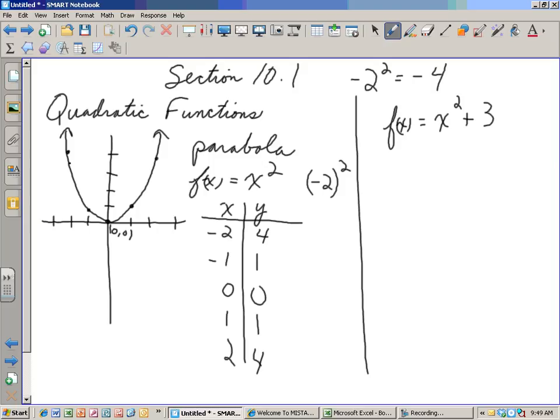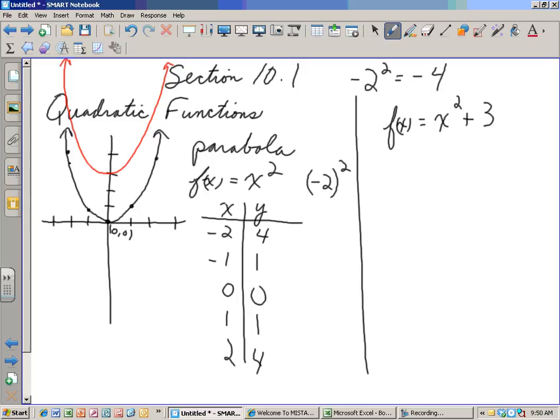So you would think that this whole parabola, you would move it up 3 units, so that it would look like this. Let's do it in a different color. So you're saying this parabola would look like this. It would just move up 3 units. Yeah, and that's correct.